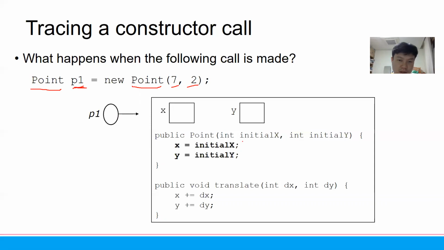It means the initial value here will be 7, and the initial value here will be y, and the value of initial x will be assigned to x, the value of initial y will be assigned to y. Okay, so that's the way to read this one.